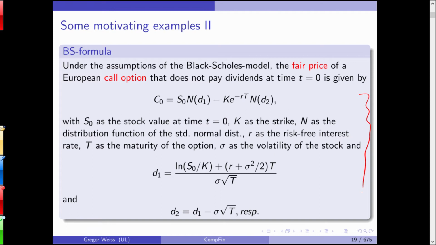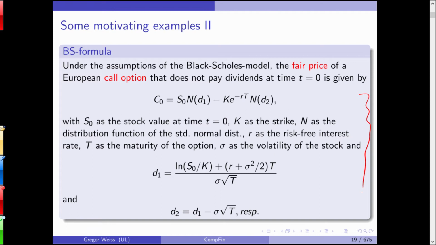Then you try to come up with an idea of when the price should be arbitrage free. You get an equation in which you don't have just numbers, but also derivatives of the same function. And you have to solve this differential equation, and this is the solution under certain conditions.